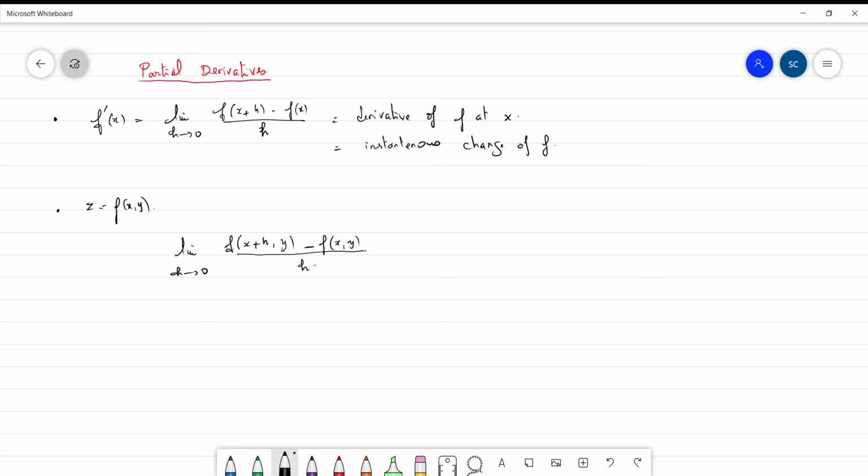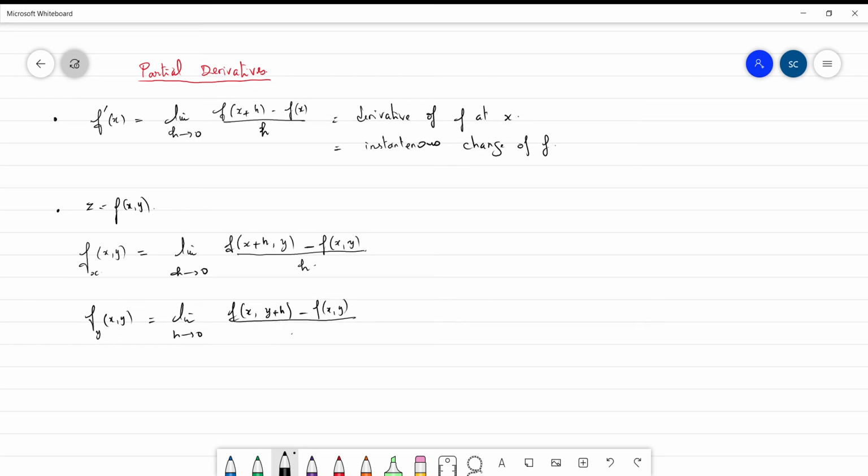And this quantity we denote f index x, symbol x, at (x, y). We can also be interested in considering, this time, x fixed and y changing. So I will put the index y at (x, y). This time I will have x fixed and y changing.